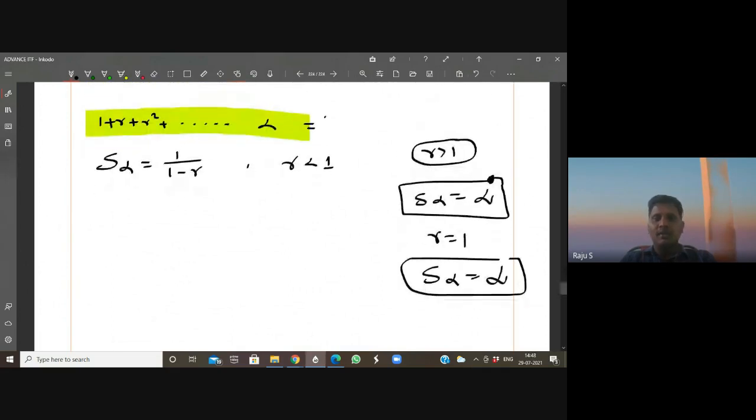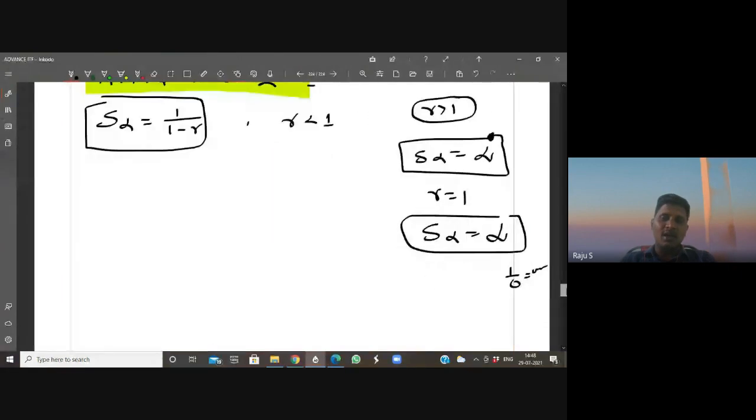I told you, the sum may be finite, may be infinite. Two options. Here we are getting infinity. In calculus, in trigonometry, we can say this infinity, 1 by 0 and all, we will write simply undefined.